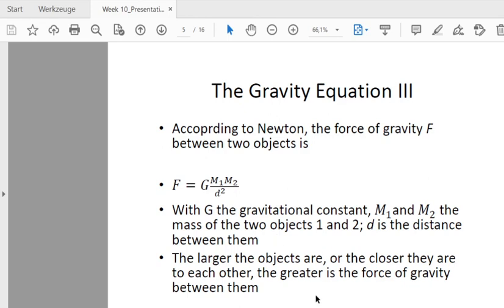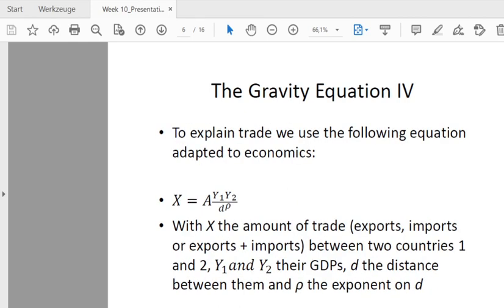So the larger the objects are, the closer they are to each other, the greater is the force of gravity between them. Something very similar happens in economics.